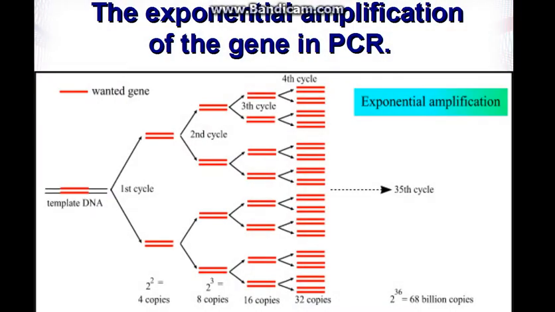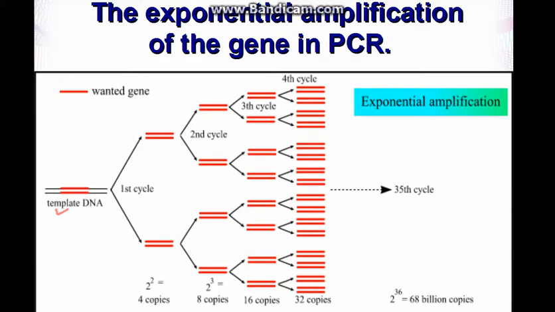Now, how this exponential amplification of the gene in PCR takes place is, you can see over here that there is a template DNA and there is a pink portion, red portion of this, which is a wanted gene which we want to study.